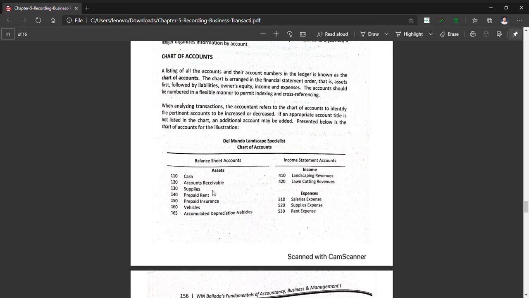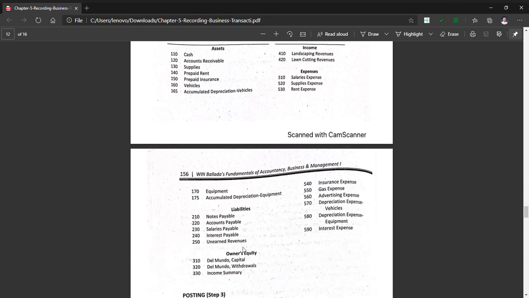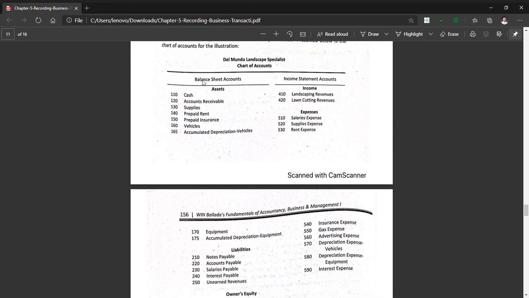So makikita nyo yung chart of accounts. Yung balance sheet accounts is meron siyang assets, liabilities, and owner's equity. Tapos, yung income statement accounts, meron siyang income and expenses. Tapos, makikita nyo rin yung account number for every account title. So, 110 for cash, 120 for accounts receivable, okay?